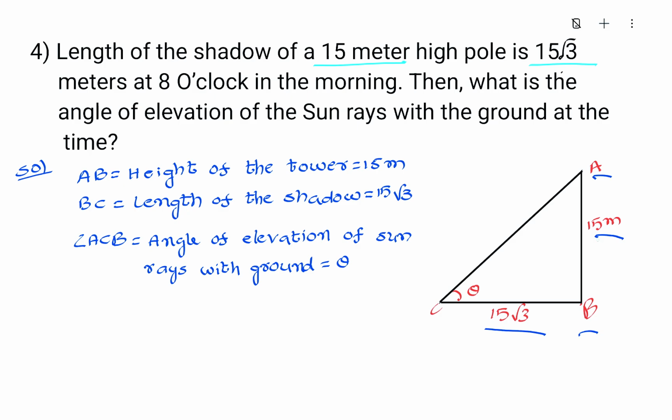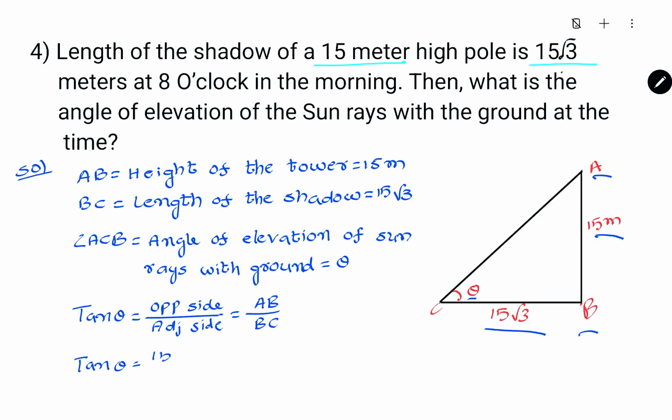Here we have the opposite side and adjacent side, so we can use the tan ratio. We need to find the theta angle value. Tan theta is equal to opposite side by adjacent side, which is AB by BC. Tan theta is equal to, here opposite side AB is how much? 15 meters.